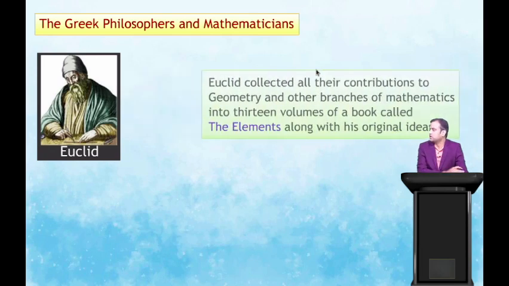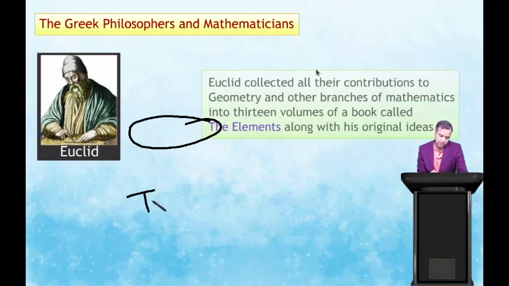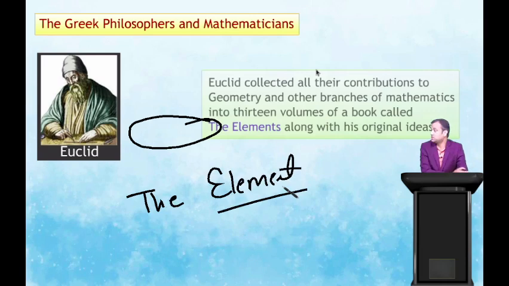Euclid collected all their contributions to geometry and other branches of mathematics into 13 volumes of books called the Elements. So this book belongs to Euclid. His book's name is the Elements, and it is a 13 volume book, and it contains a lot of theorems related to mathematics.